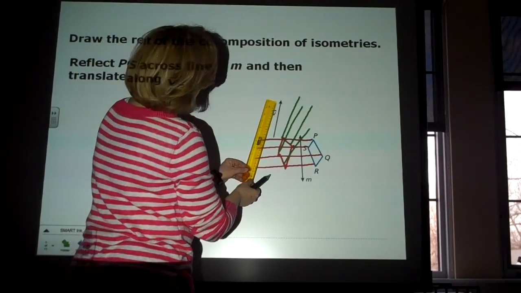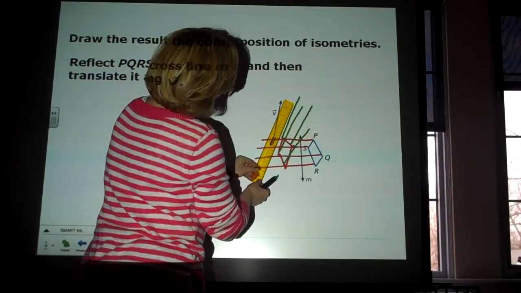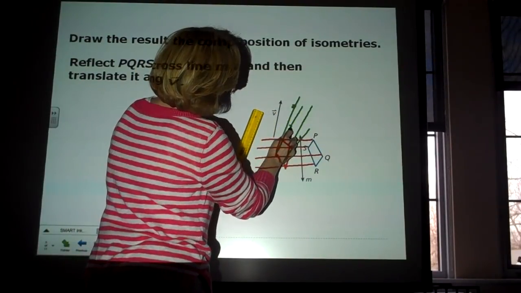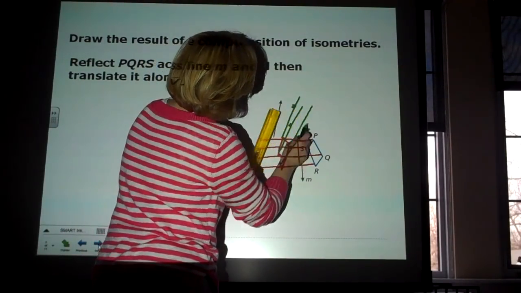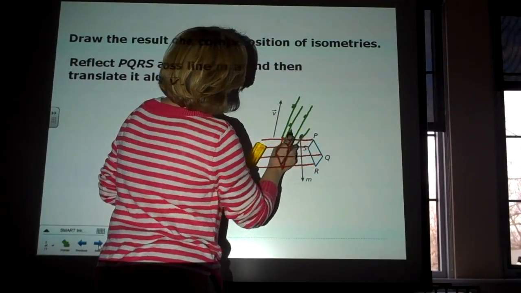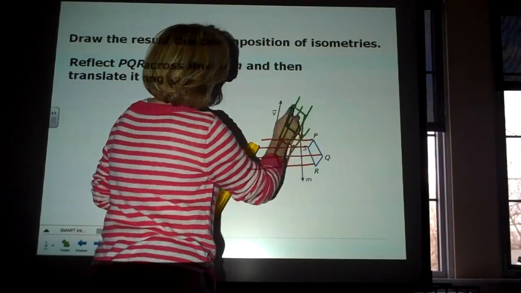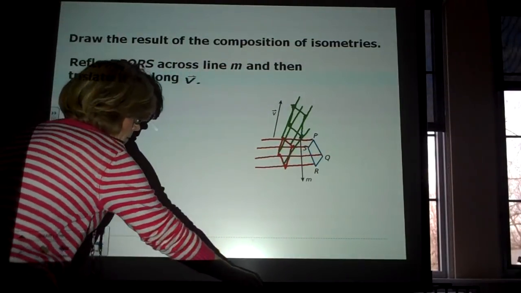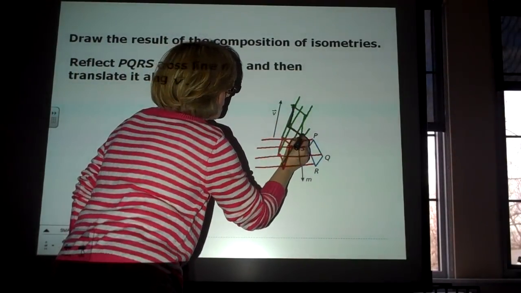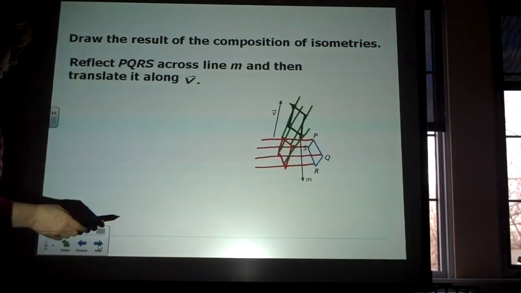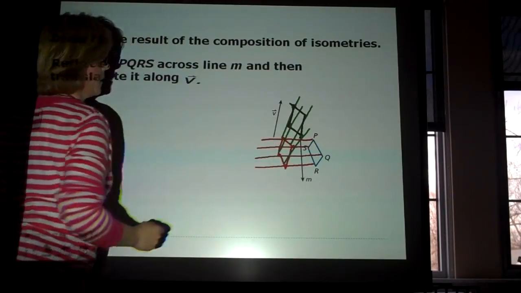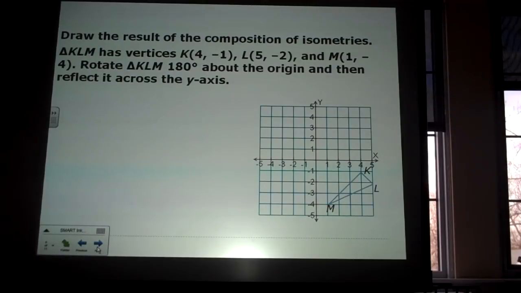Okay, measure vector V. Let me make that a different color. Let's use black so y'all can see that. So you end up with the image there in black. So we reflected and then we slid it.